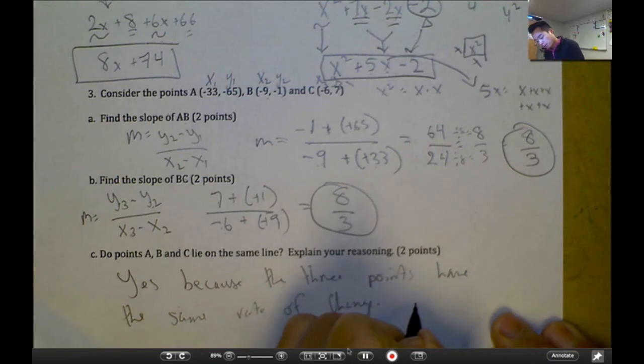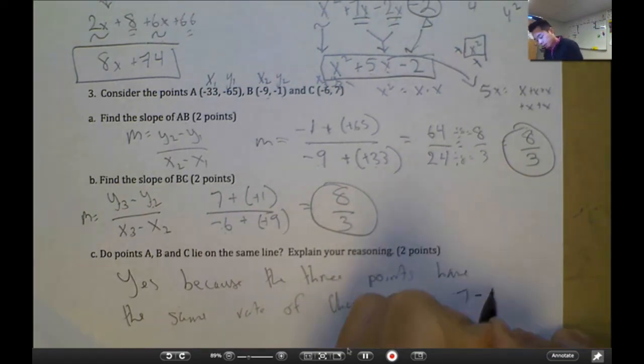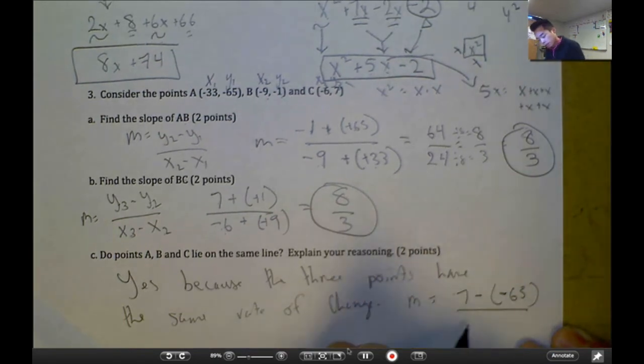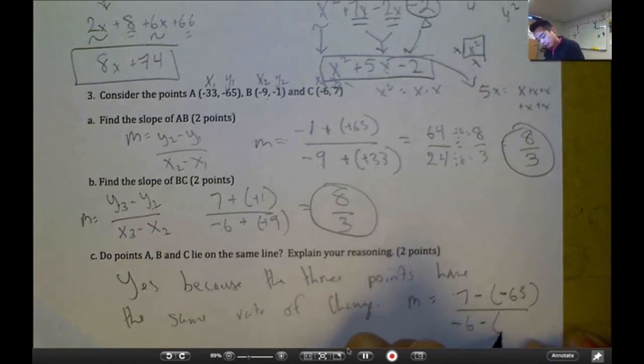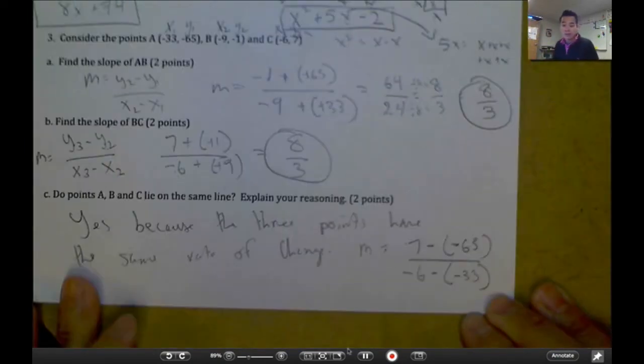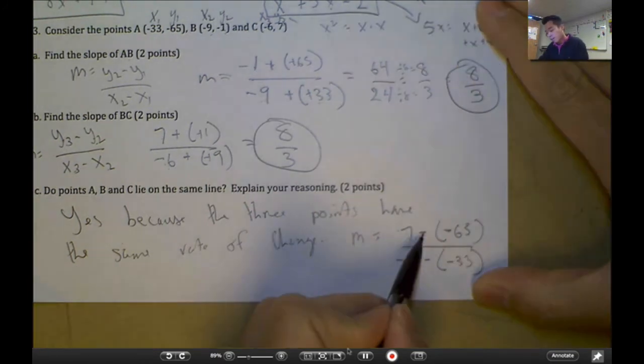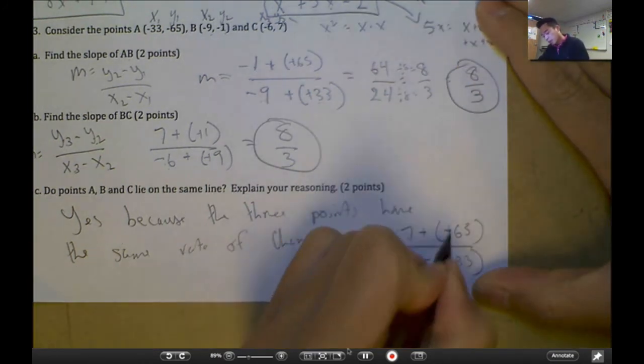So the slope between A and C is going to be 7 minus negative 65 over negative 6 minus negative 33. Okay, you can pause the video here if you want and double check, and hopefully you'll get 8/3. 7 minus negative 65, keep, flip, change.